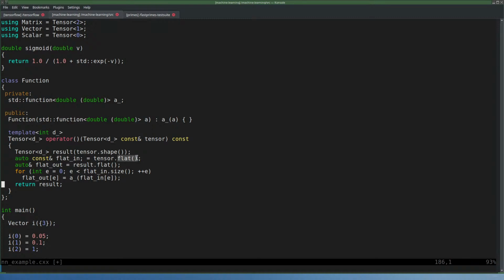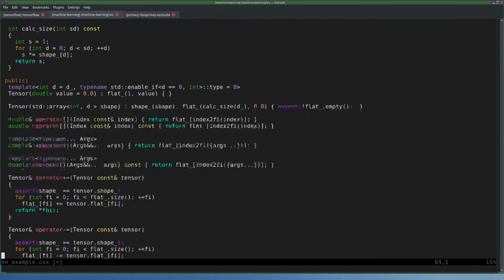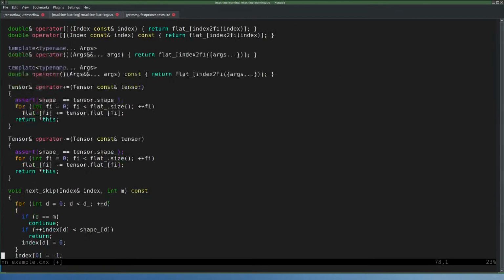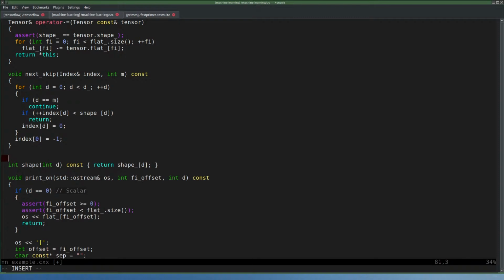Do I need a constant and non-const flat accessor and a shape accessor in Tensor? Yeah.